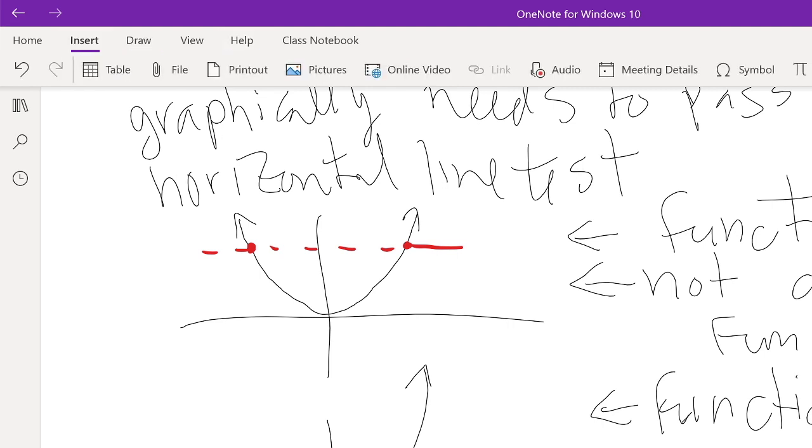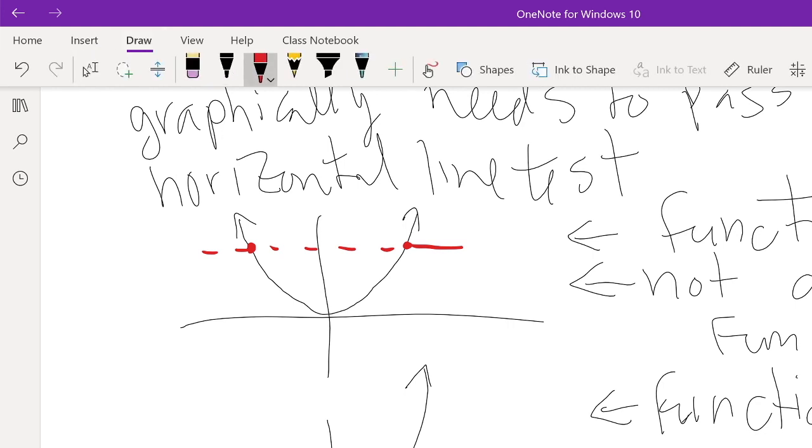If we look at the horizontal lines, not all of them, the infinite amount, we could see that any horizontal line that we draw would only touch the graph at exactly one point. So this is a function, and it is also a one-to-one function.